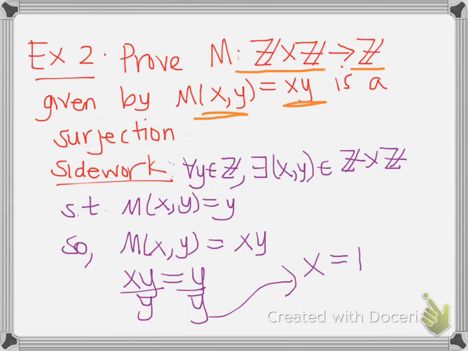Okay, so now looking at the proof. We look back at our side work; this is what we're trying to prove. For all y belonging to Z, so therefore our first line will be: let y belong to Z, right?